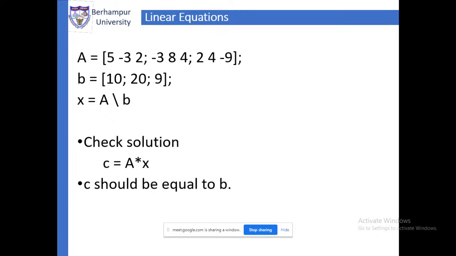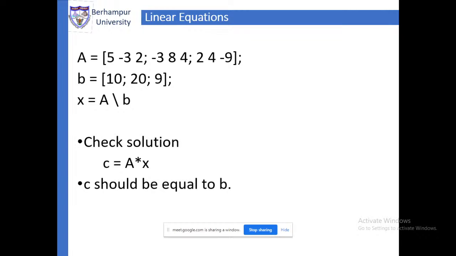So we write that. Then we'll go to the third row, therefore we put again a semicolon. Then in the third row the coefficients of x, y, z are 2, 4, minus 9. So we write 2, 4, minus 9.